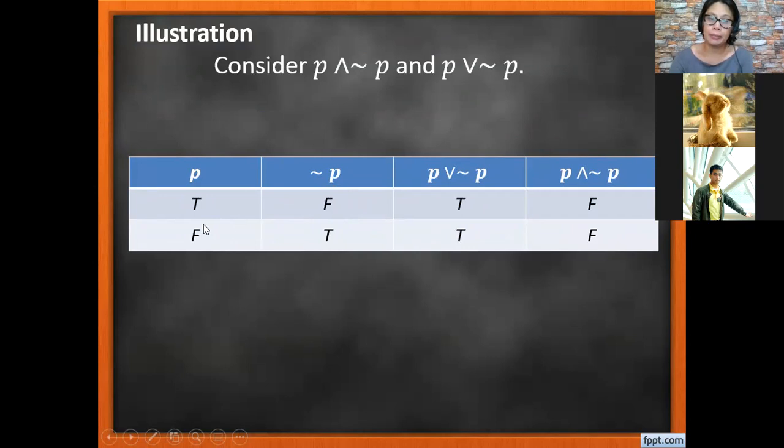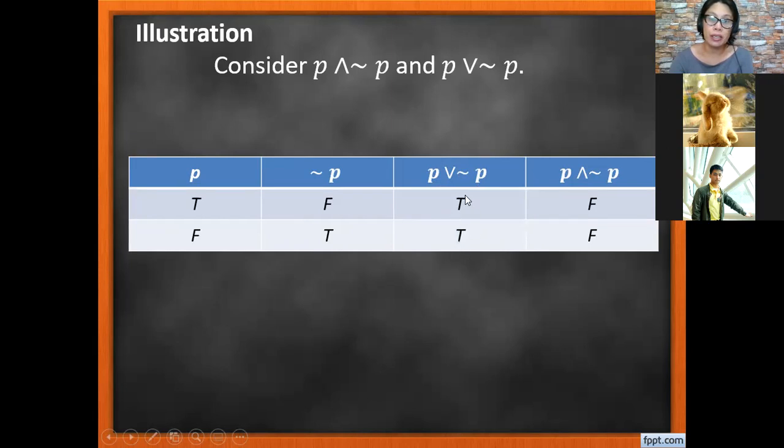And if P on the other hand is false, then its negation is true. Now, P or negation of P here must be a true statement. So, P or negation of P will always be a tautology.